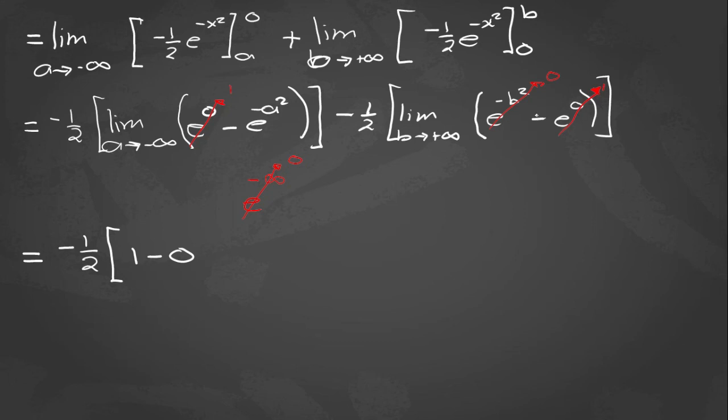Since we take this negative 1/2 outside, the resulting value will become negative 1. So 1 minus 1 is 0, and 0 multiplied by negative 1/2 is 0. Now this is convergent.